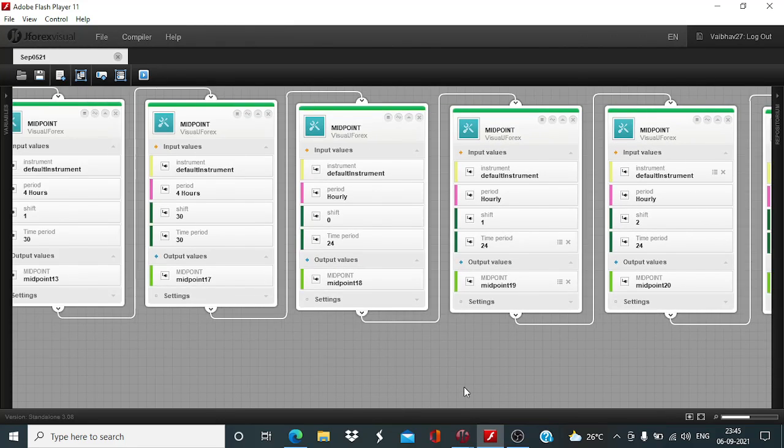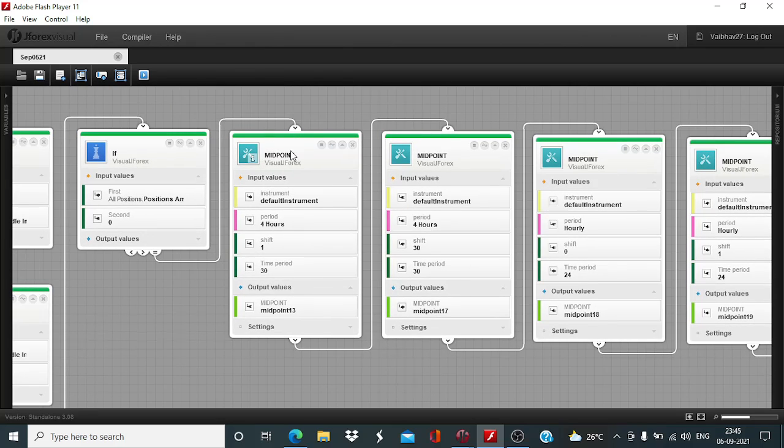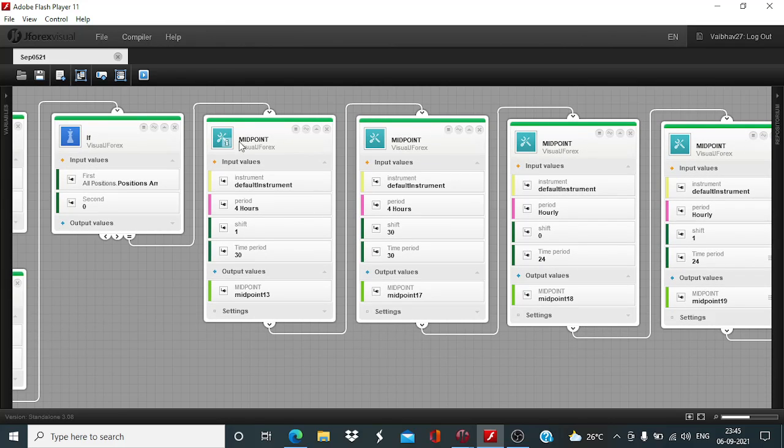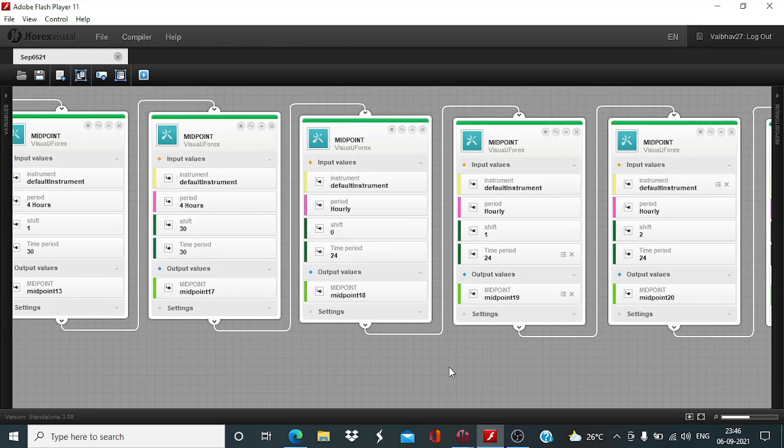So here we have this, and if we consider these 4 hourly candle period blocks of midpoint, this block has a shift value of 1, whereas this second one has a shift value of 30. So we have to compare the midpoint 13 with the midpoint 17, and the midpoint 13 value will need to be higher compared to the midpoint 17.